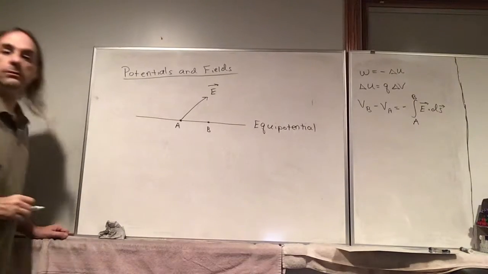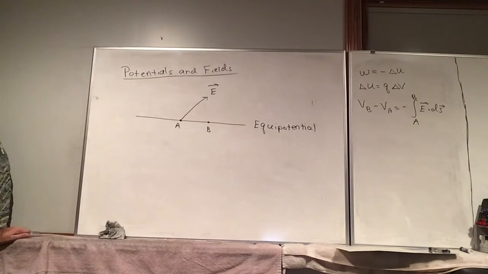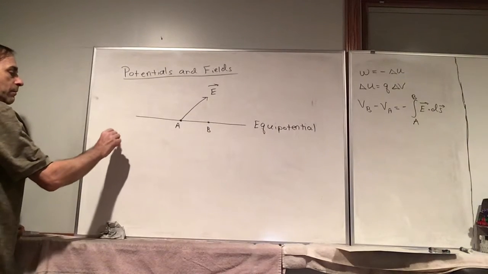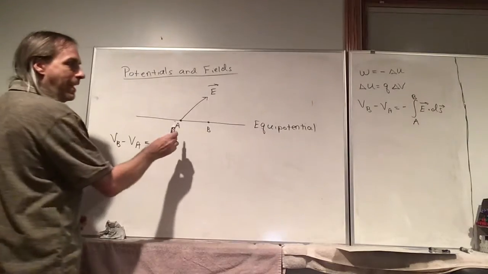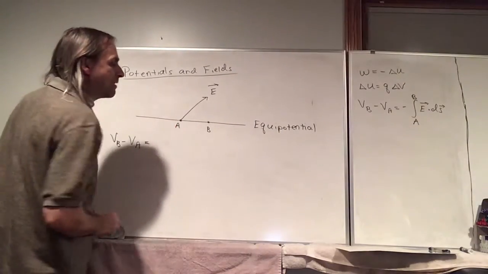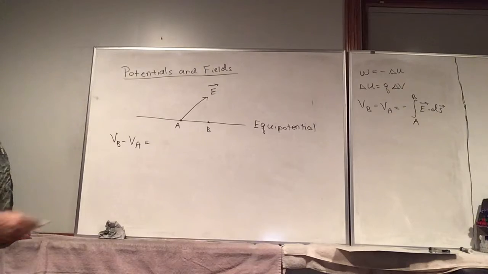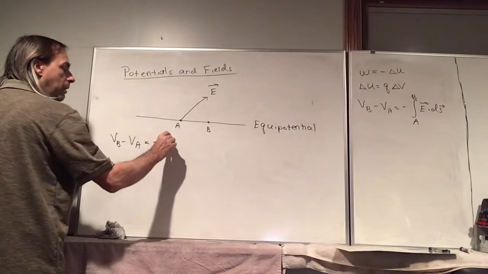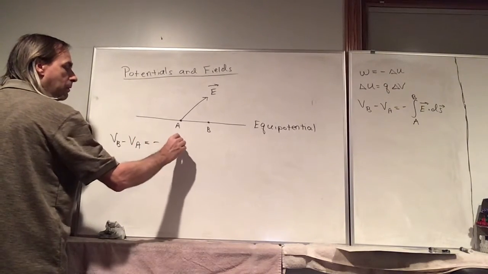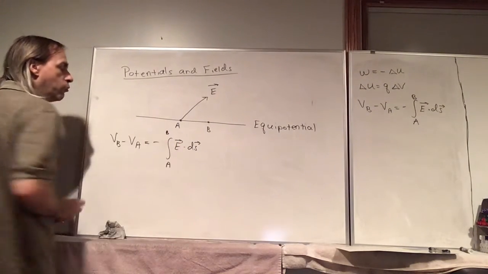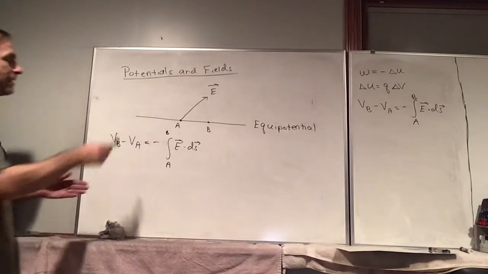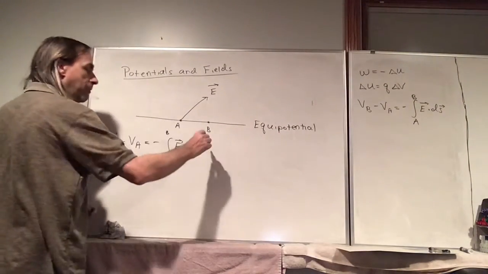Okay, so let's look at this result that we just derived. Let's say VB minus VA. So we're going to integrate the electric field over this line segment, with a minus sign, and then we integrate E dot ds from A to B. And so let's call this like the x direction here.